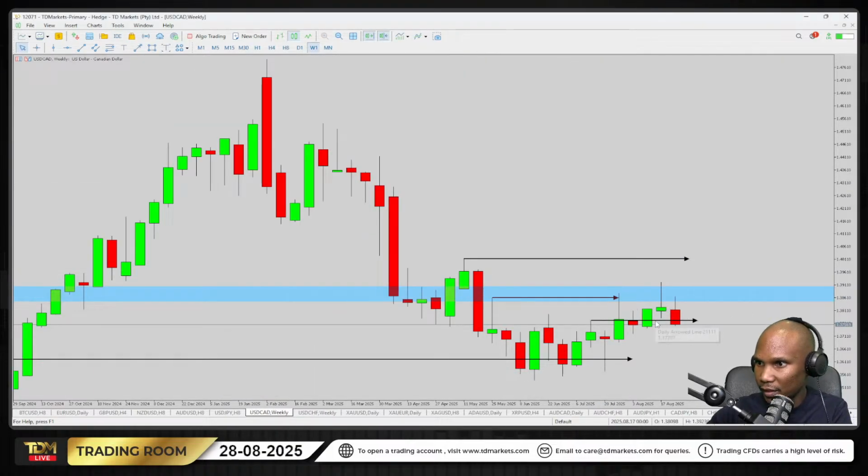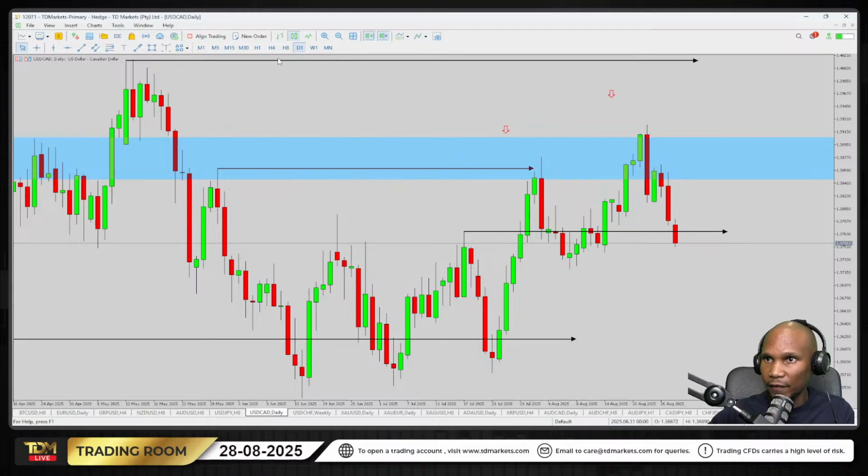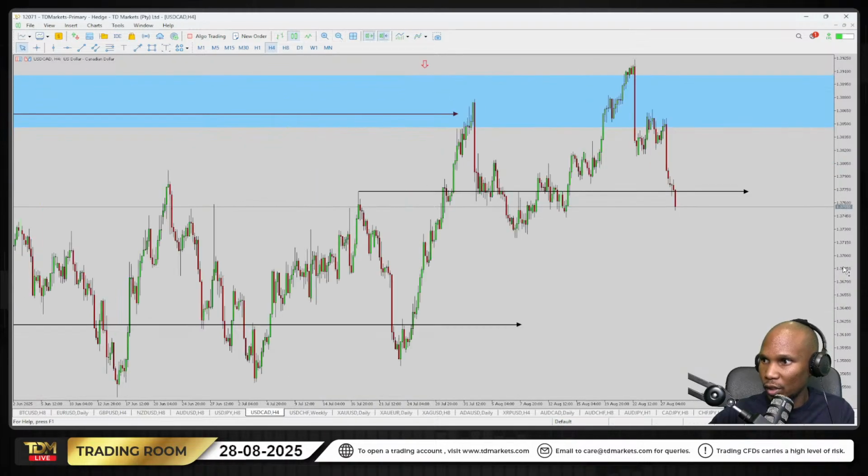On the weekly time frame we have this candle. We also have this week on the weekly time frame. So now I'm just going to wait for this candle to close. This is the weekly candle. We want this candle to close as a bearish candle on the weekly time frame, and then from there, we're going to look for trading opportunities.